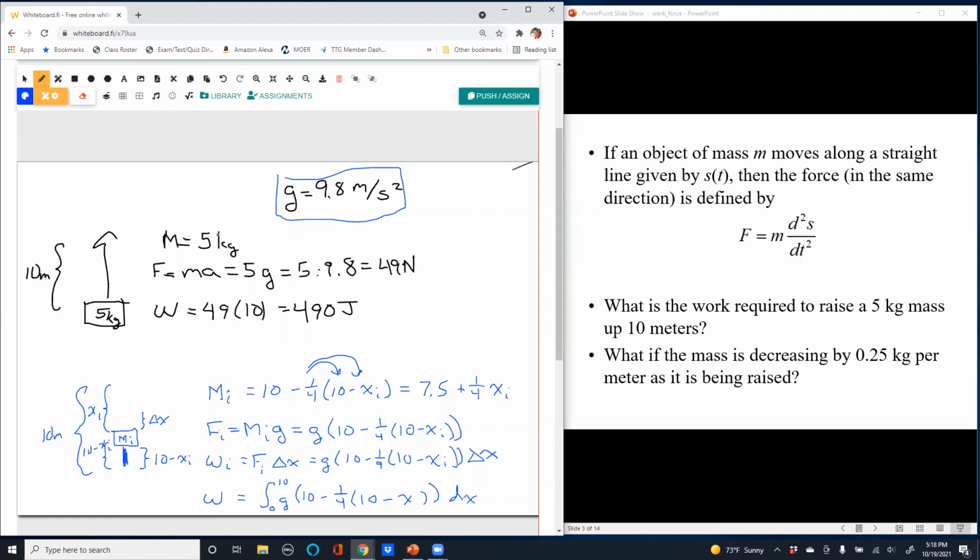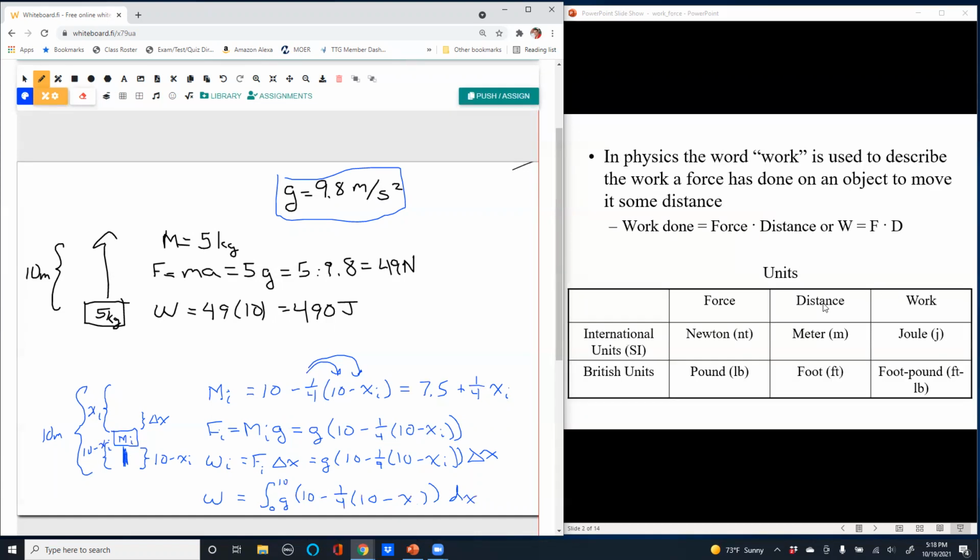This problem gave a distance in meters and a mass in kilograms, with the force in newtons, F sub I. Therefore, the work, this final answer, is going to be in joules. So once we compute this definite integral, that number would be joules.